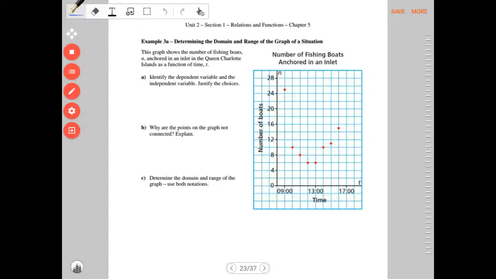Okay, so example 3a. Determine the domain and range of a graph of a situation. So the graph shows the number of fishing boats, N, anchored in an inlet on the Queen Charlotte Islands as a function of time. Identify the dependent variable and the independent variable.